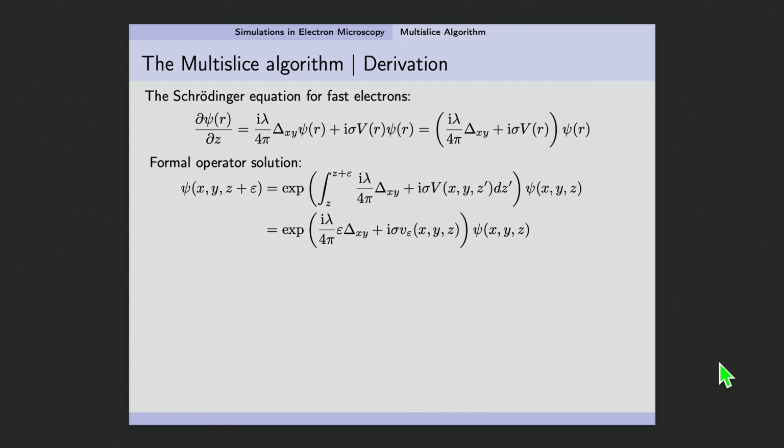And then you have this operator, which is applied. If you apply that, here we have this V epsilon, which is just the V in this thin slice. And then when considered, that is called the transmission function, which is multiplied.